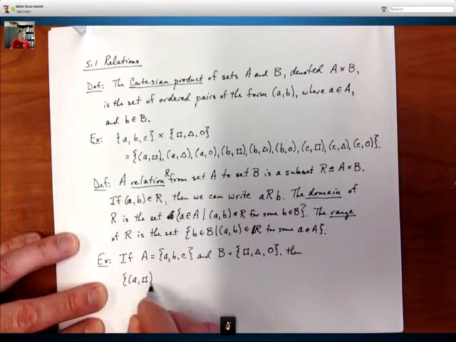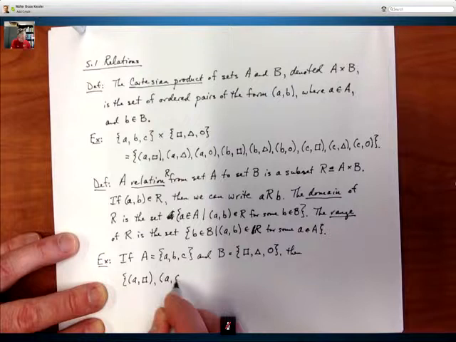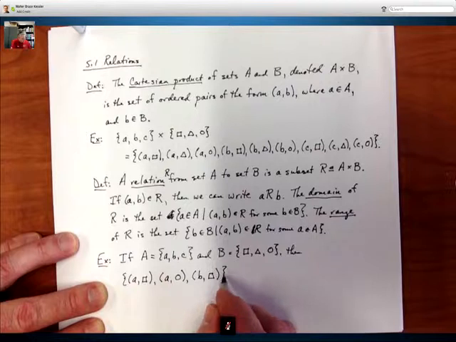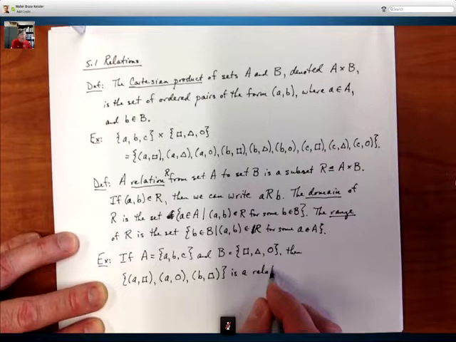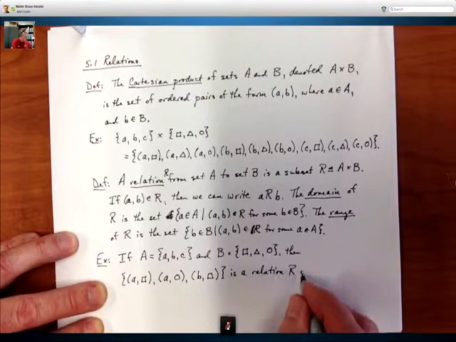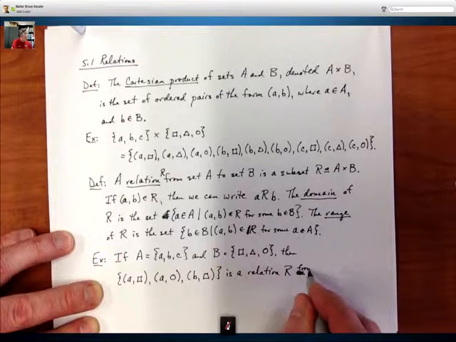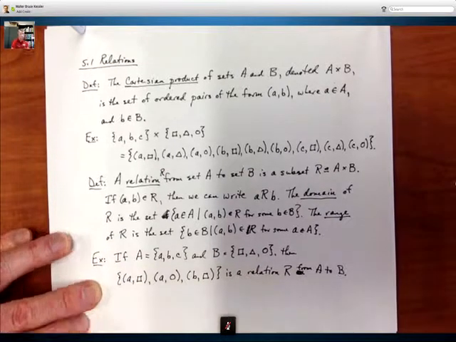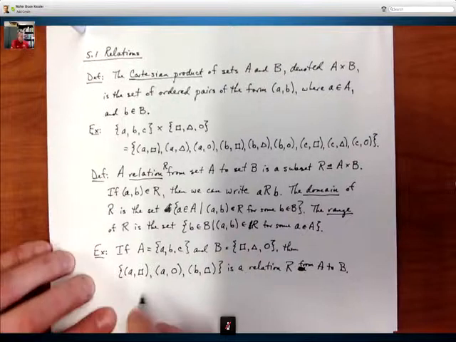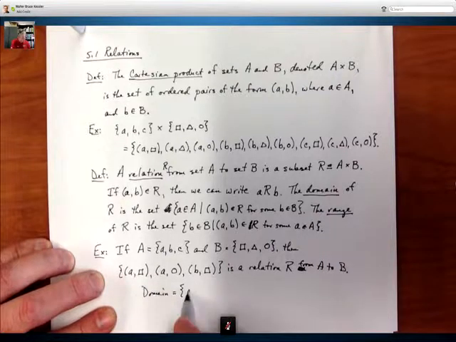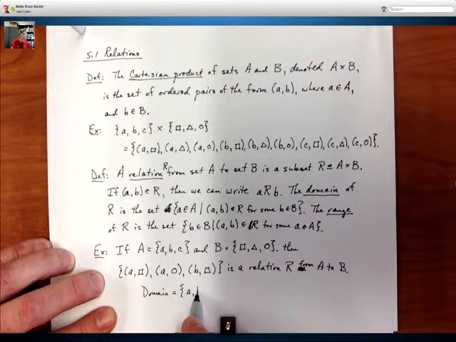A square, A circle, B square is a relation R from A to B. The domain is A and B. And the range is square and circle.